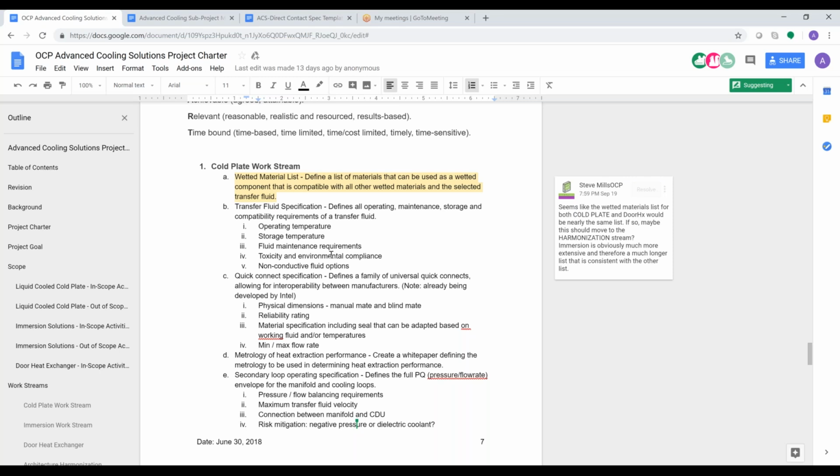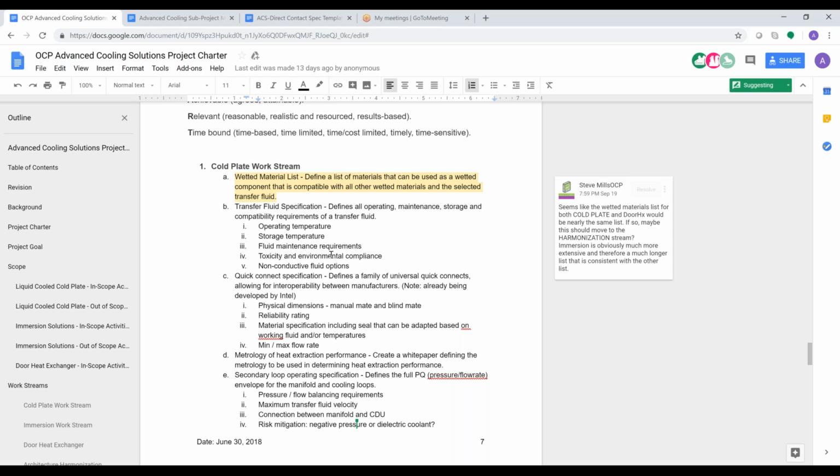So first and foremost, there was a lot of good work done here. This document has grown over the last few weeks or even months. I hope that everybody's had a chance to look through it, at least in some way, shape, or form. Steve Mills made a good comment here, and I think that this might be something that winds up applying to several of these subcategories. But the overall need for harmonization between the different work streams is going to be pretty pivotal.